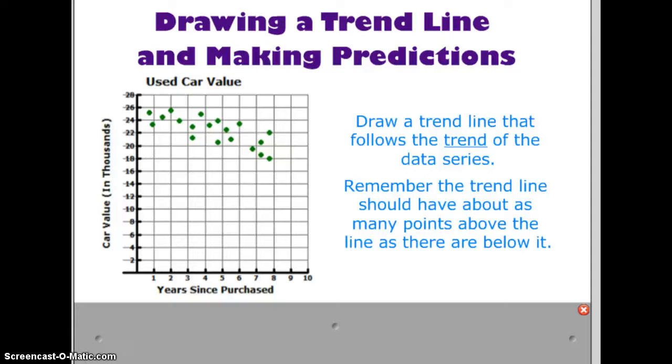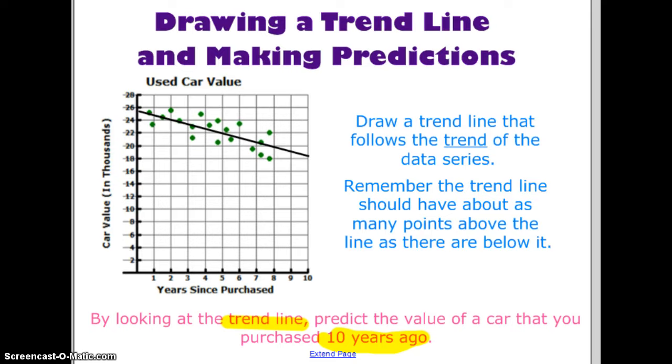Our next example is talking about a used car value compared to its years of purchase and its value in thousands. So as we draw our trend line, remember the trend line should have as many points above as it does below.